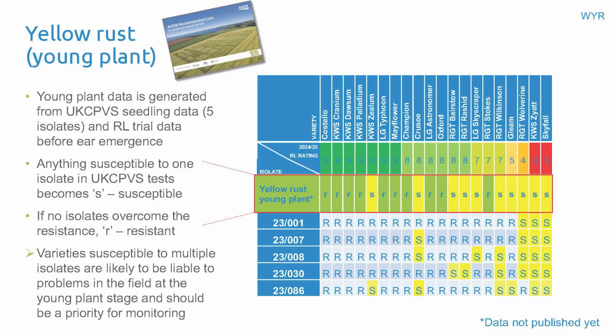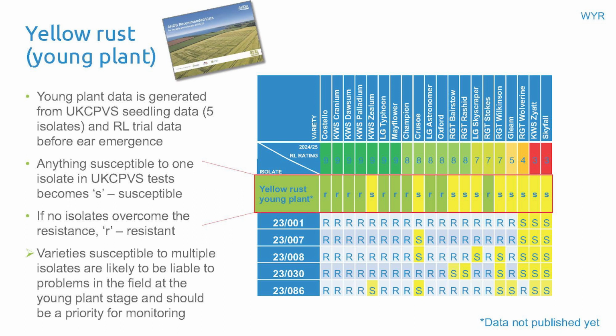So this is a little sneak peek really at how the R and S will look in the future, because the current booklet that's just been produced has the information from last year's isolates. So this is hot off the press. I literally did these tests in December, and it's not published information yet.